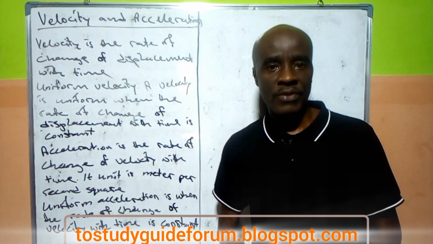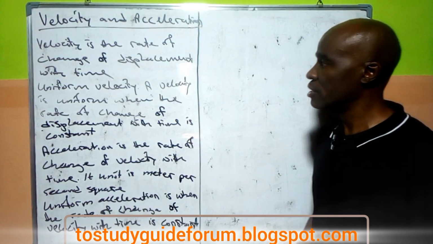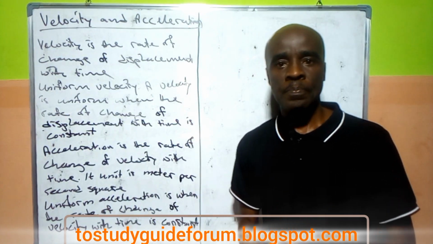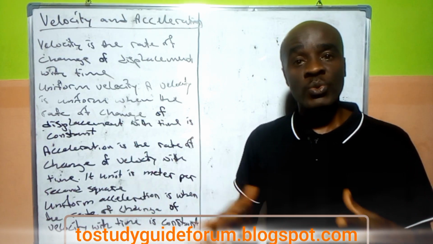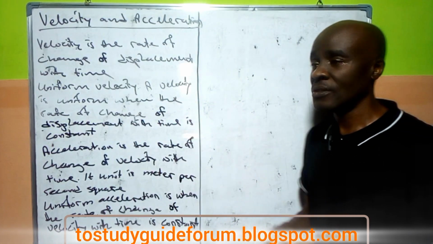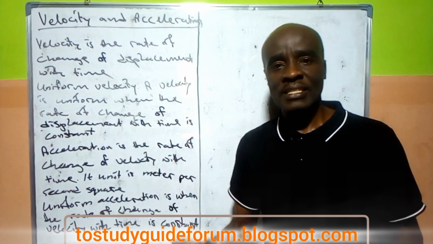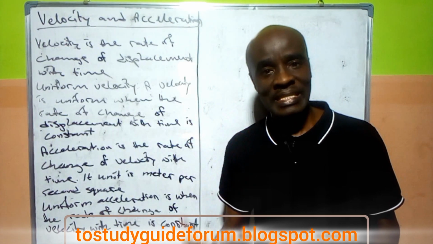And what is velocity? Velocity is the rate of change of displacement with time. That means velocity tells us the rate at which the displacement is changing with what? Time. And one thing I want you to pay attention to is that velocity and speed are not the same.